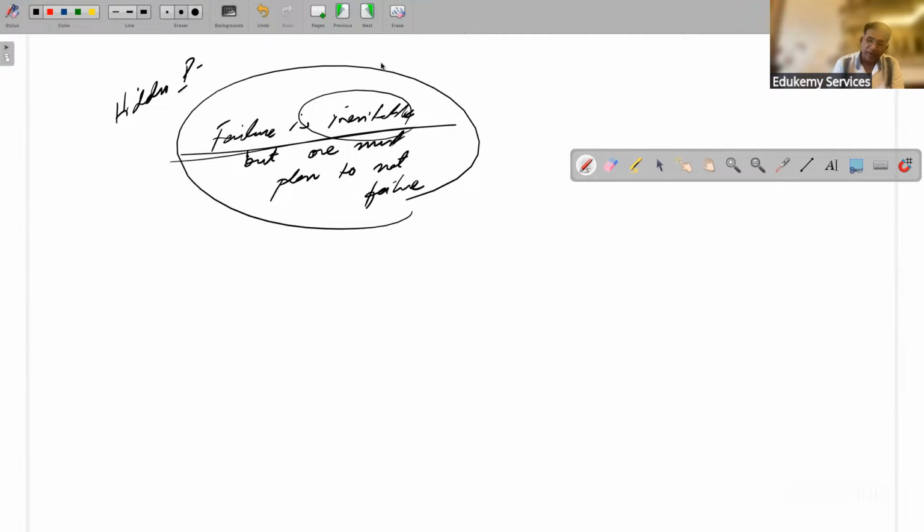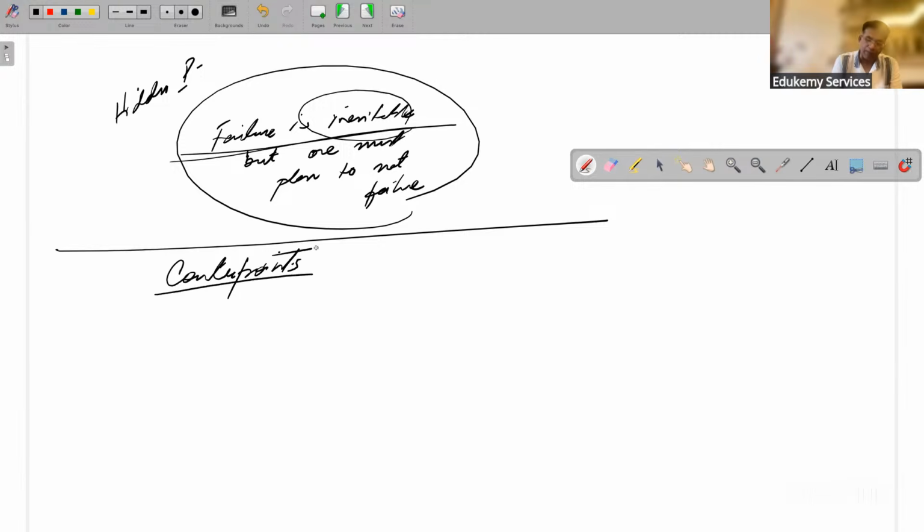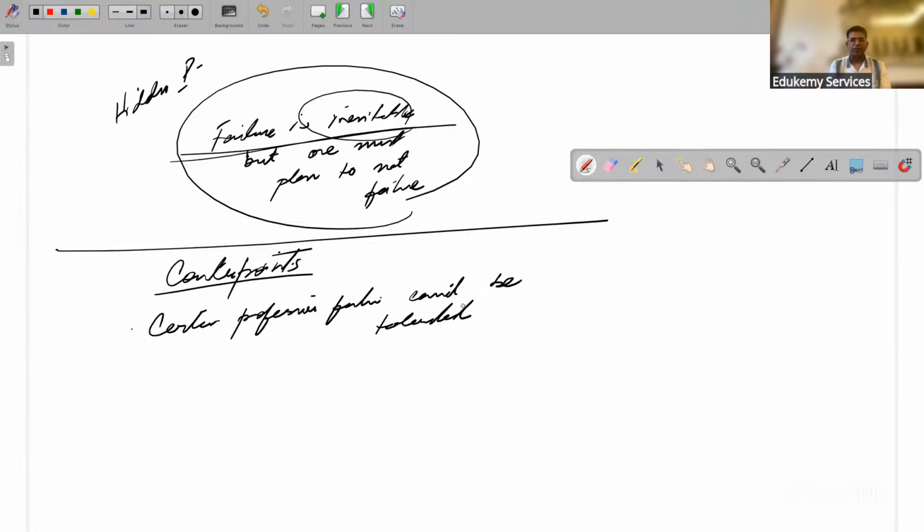Now, if you have developed the tension part, assumption हो गया, tension हो गया. Now you come down to what are the counterpoints. Counterpoint is I don't agree with the theory. जैसे कि in certain professions, failures cannot be tolerated. उसको ग्लोरीफाई मत कर दो.